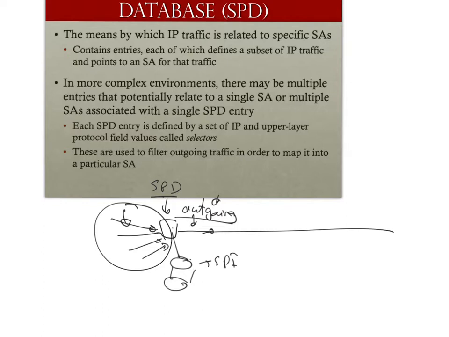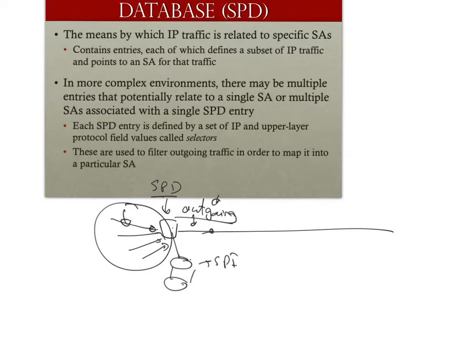Now the security policy has two things. First, we have a set of rules, and the traffic has to fulfill one of these rules, because if it doesn't, the traffic will be discarded completely. So there are three behaviors in IPsec.